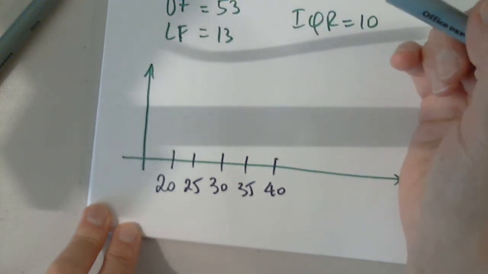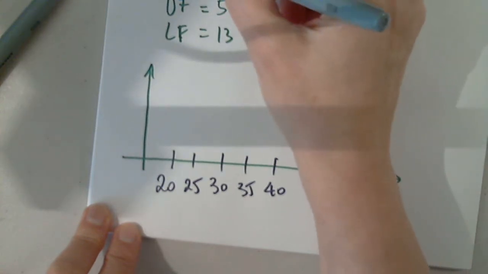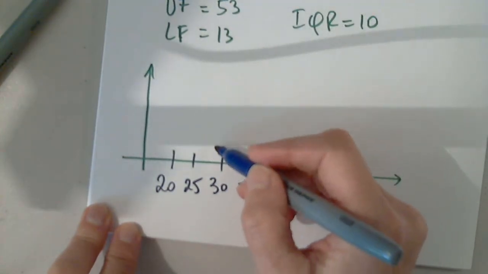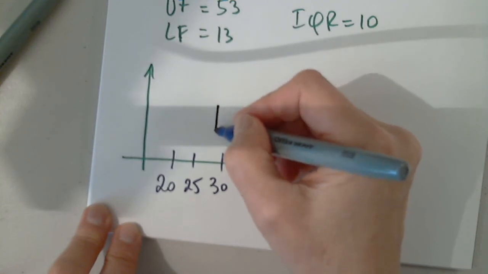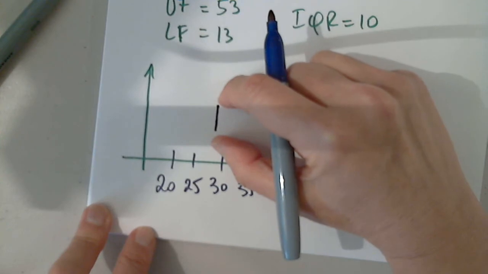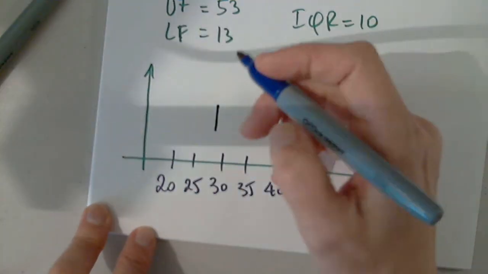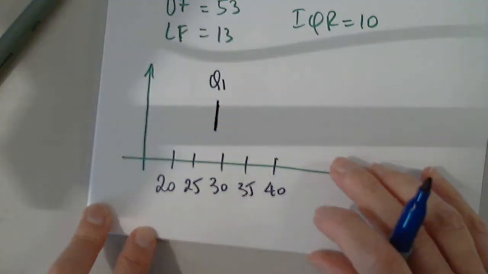I know that the quartile Q1 is here, 28. So roughly I'm going to draw a bar. It doesn't matter the length of this bar; you just have to keep it the same. So that does not mean anything. This is my Q1.